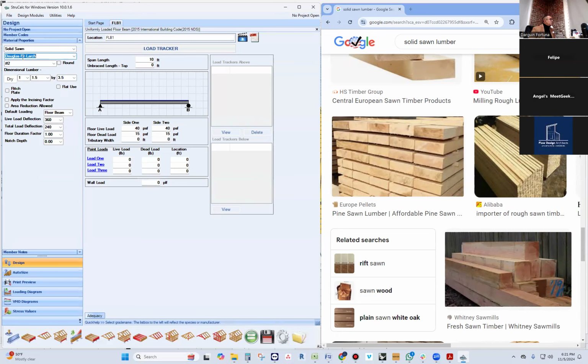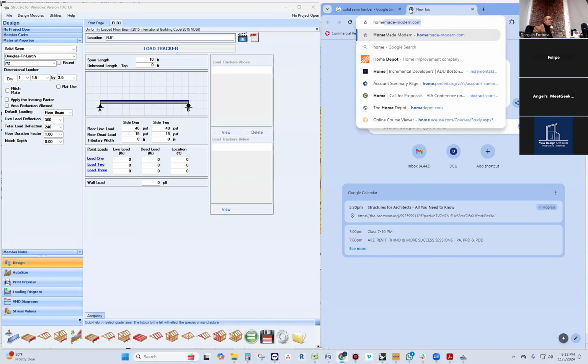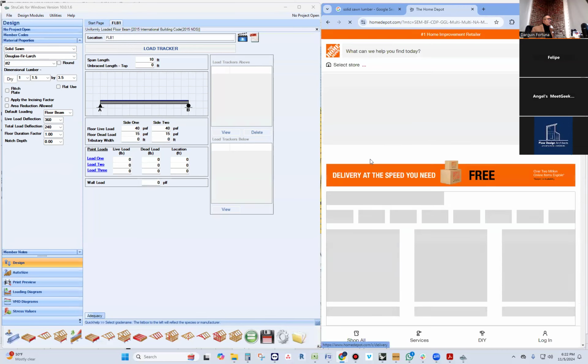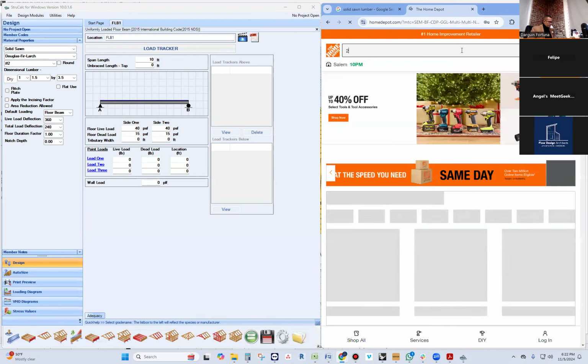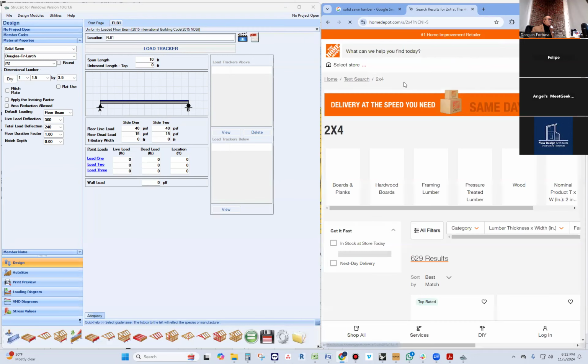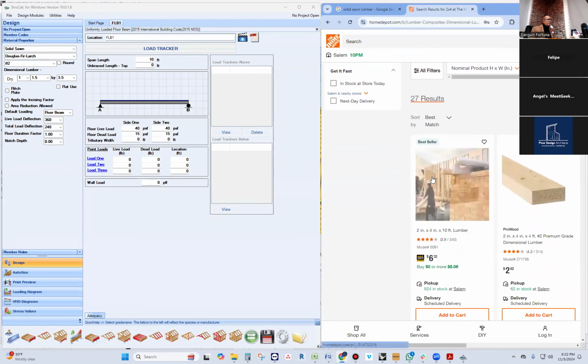We typically just use the default Douglas fir larch because it's a very typical wood that's used in places like Home Depot, and you can get it very easily. So if you buy a 2x4 member, it likely is going to be made out of some sort of Douglas fir material.